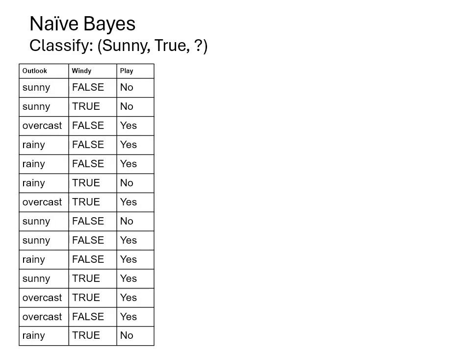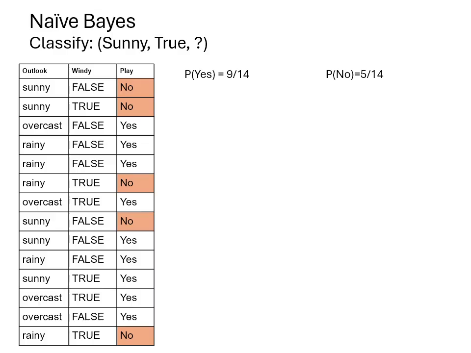Let's look again at our favorite example, the weather dataset. First, we computed the prior probabilities of class yes and class no by counting the total number of yeses out of 14 available records.